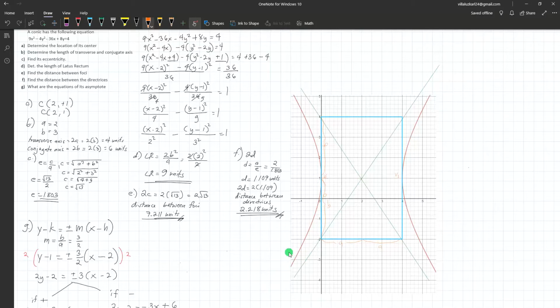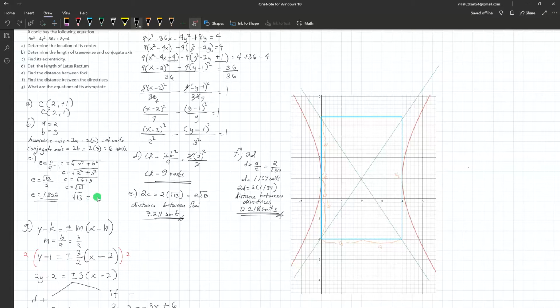For the location of the foci, 7.211 is the distance between the foci. The distance c is equal to the square root of 13, which when you compute is 3.606, or 3.60555.